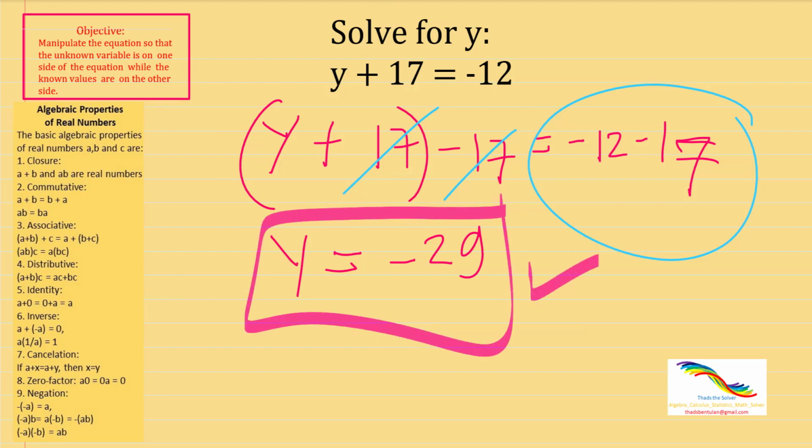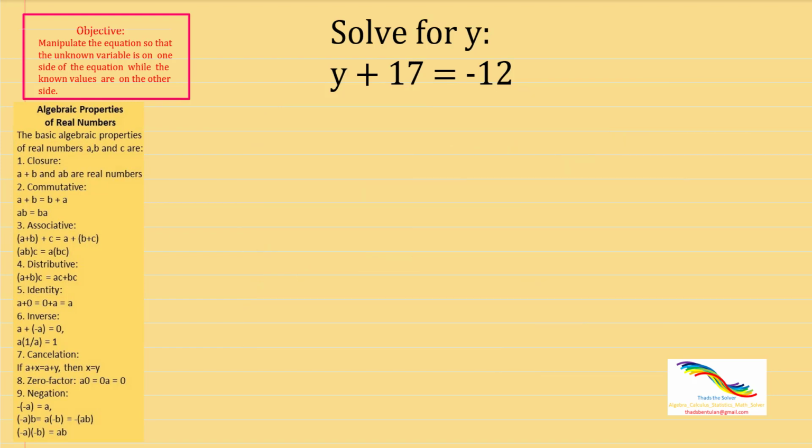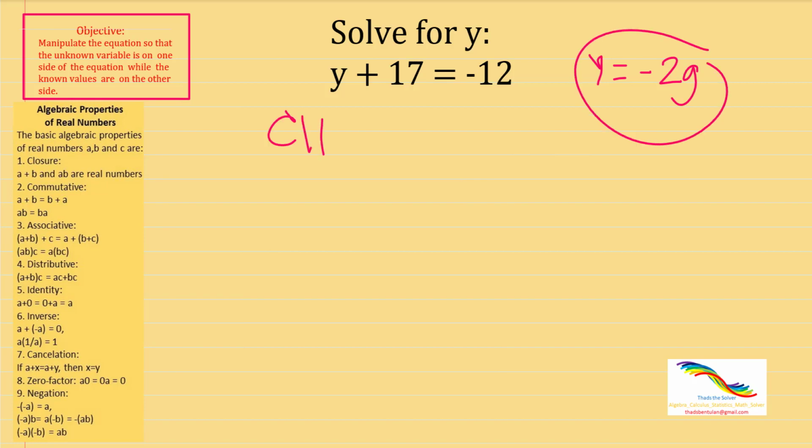Okay, but we need to check. Remember, we need to check, and here is our check. We have already solved for y, which is equal to negative 29, but we need to check. That's the most important part.